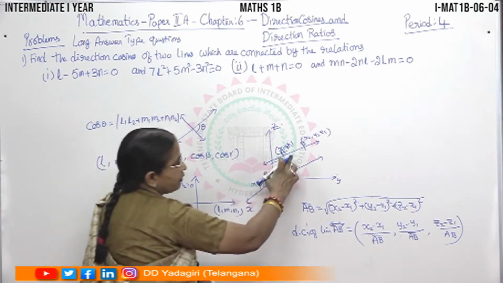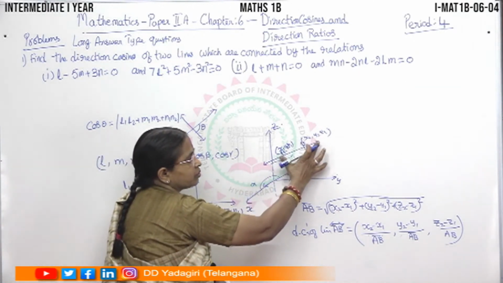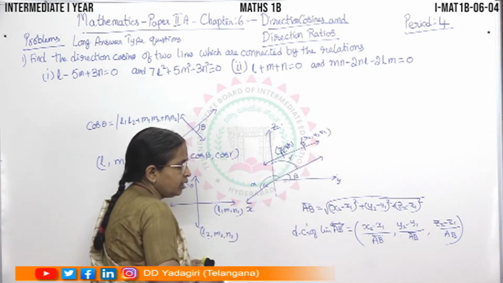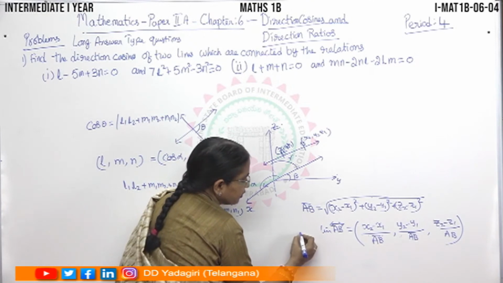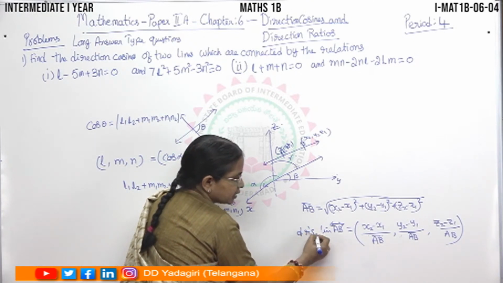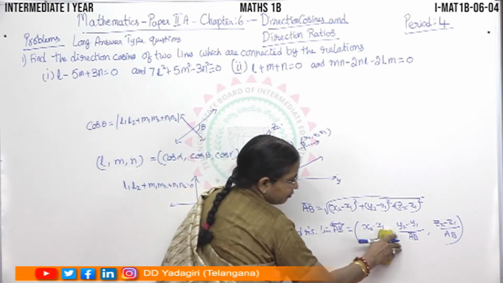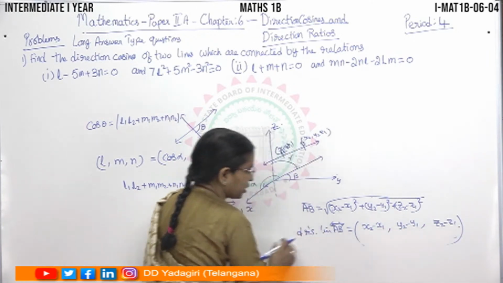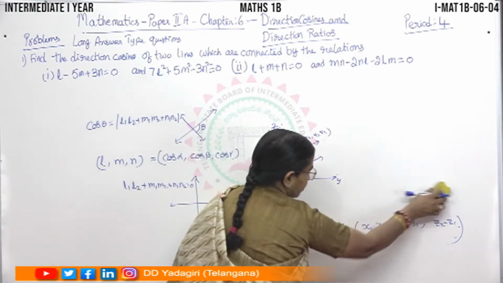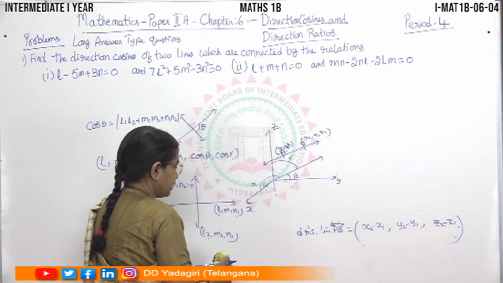So if x1, y1, z1 and x2, y2, z2 are 2 points on a line, then the direction ratios of the line AB, DRs, are just x2 minus x1, y2 minus y1 and z2 minus z1. These are the direction ratios. You just find the difference like this.